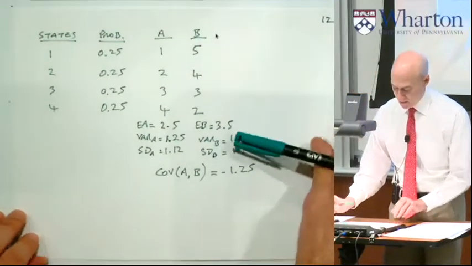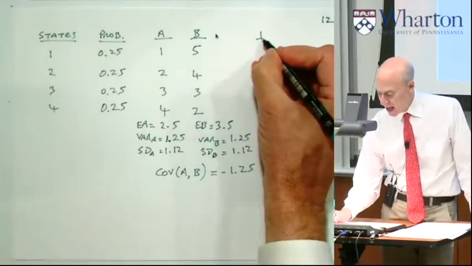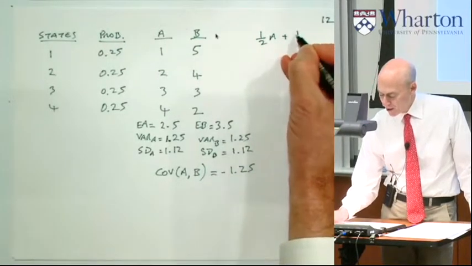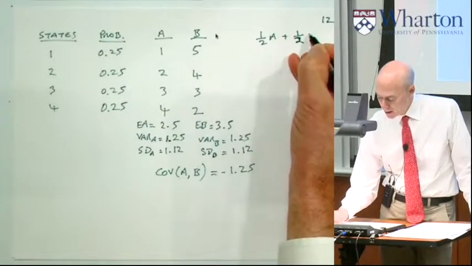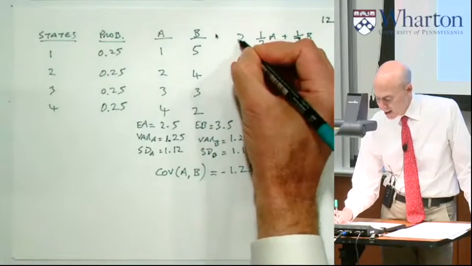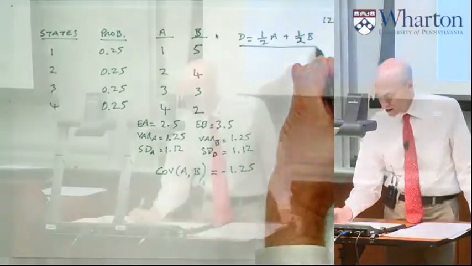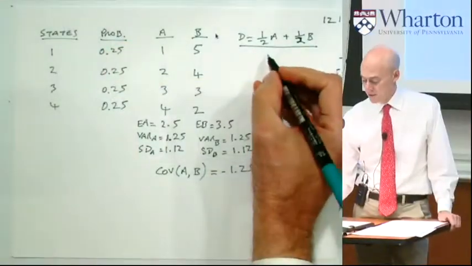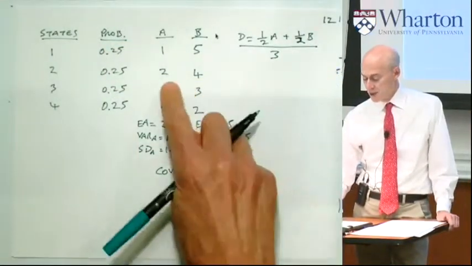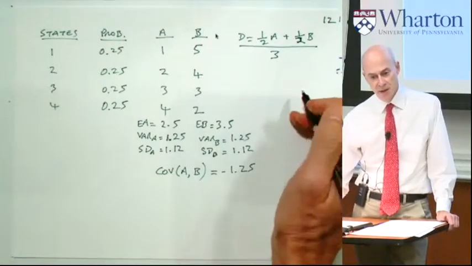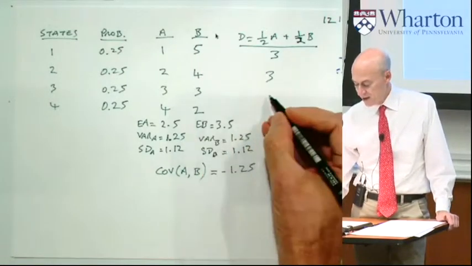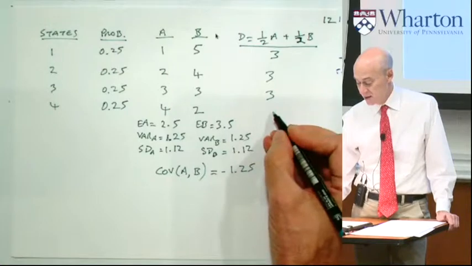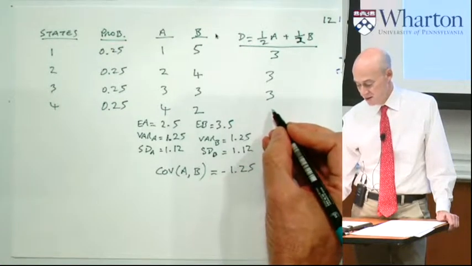Suppose we mix and put half our money in A and half our money in B. Let's call that D for diversification. What do we get? State 1, we get how much? Half times 1 plus a half times 5 is 3. Half times 2 plus a half times 4 is 3, and half 3 and half 3 is 3. Half 4 and half 2 is 3.